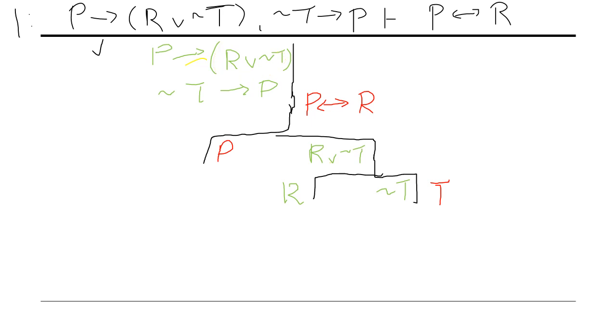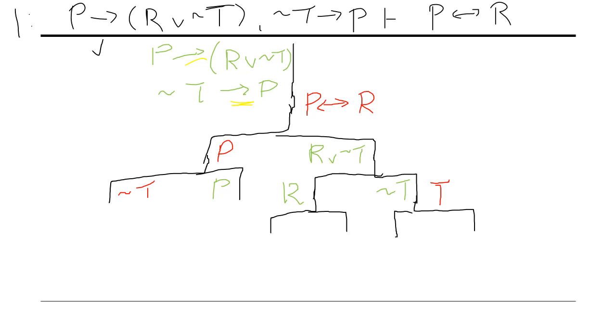Let's look at the second premise. Again, we have an arrow as the main connective. What makes an arrow true is if the left side is false or the right side is true. So the left side false, not T, and the right side true, P. Remember that whatever happens above, we have to filter down into the other branches below.